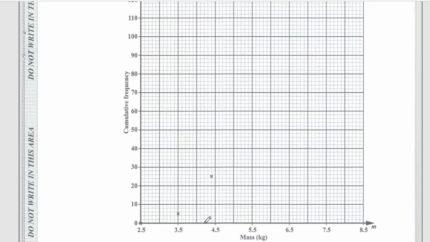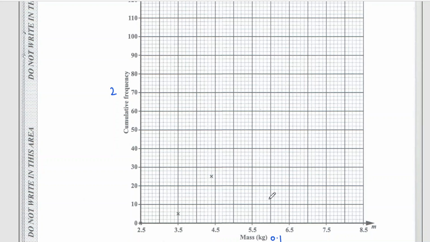And in this direction, this is 3.5 and 4.5, so the difference is 1, and we have 10 blocks, so each is 0.1. So 3.6, 3.7, 3.8, 3.9, 4, 4.1, 4.2, 4.3, 4.4. Each small block going across is 0.1, and going up is 2. That's how we remember it.